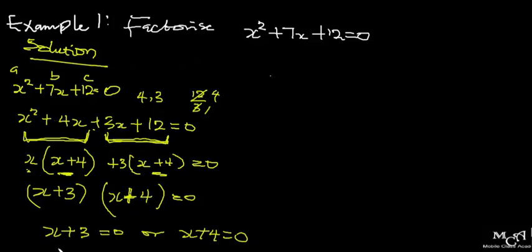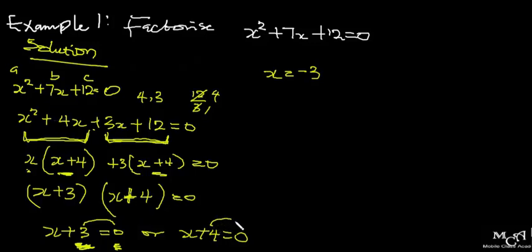So from here now, we are going to transfer this 3 to this side, so it's going to cross the equal sign. If we do that, what are we going to get? We are going to get x equals minus 3. You know, once a value crosses the equal sign, the sign changes. So now we have plus 3 over here. When it crosses to this side, it changes to negative.